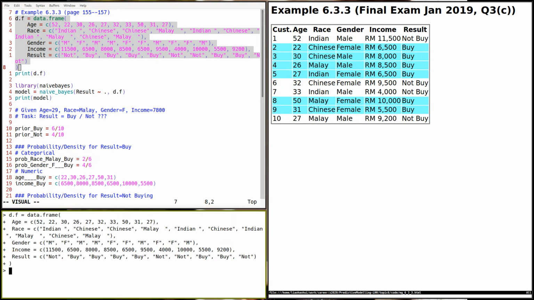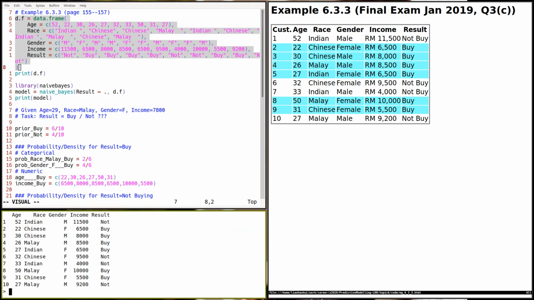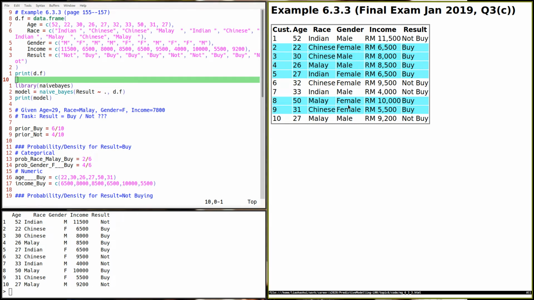If I just look at it, you can see I denote not buying as just not, and I denote M for male and F for female. Others I think are more or less fine. Now let's perform some estimation.